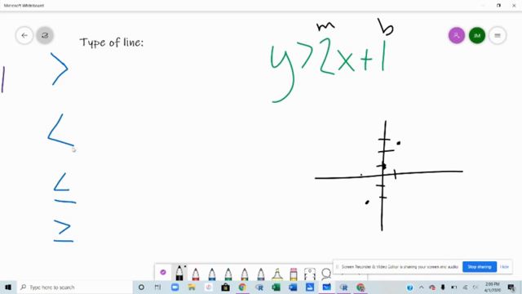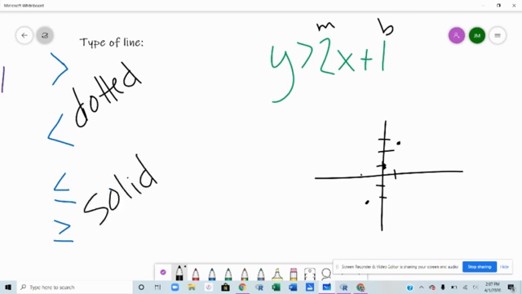So these two symbols are both dotted. Greater thans or less thans are dotted lines. These two, greater than or equal and less than or equal, are solid. So because this is a greater than, I'm going to connect these dots with a dotted line.